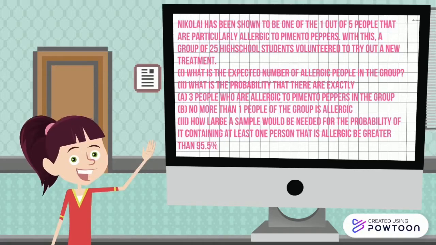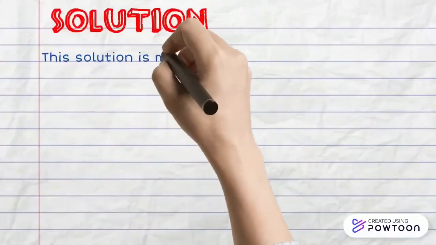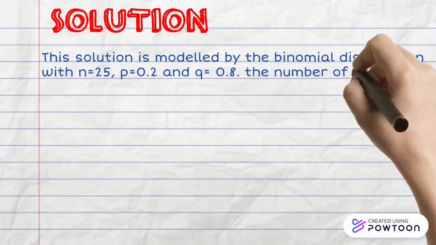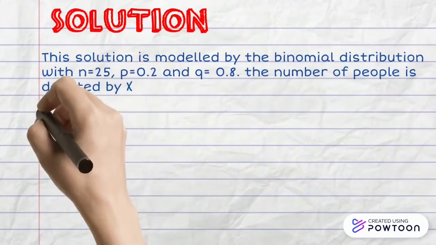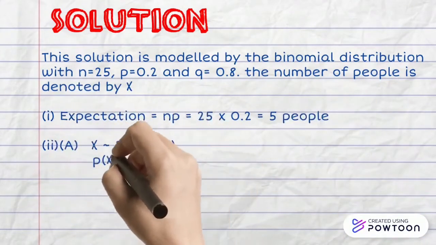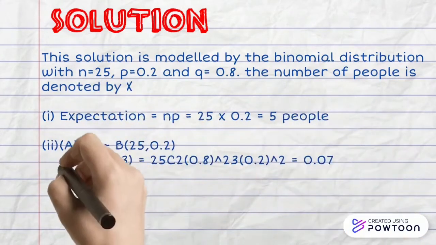So, the solutions to these questions are: the problem is modeled by the binomial distribution with n equals 25, p equals 0.2, and q equals 0.8. The number of allergic people is denoted by x. For the first one, the expected number is 25 times 0.2, which is 5 people.